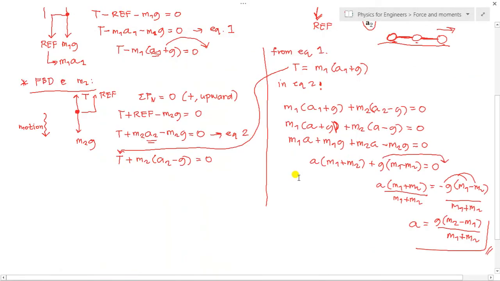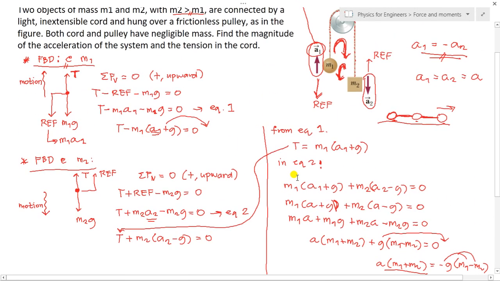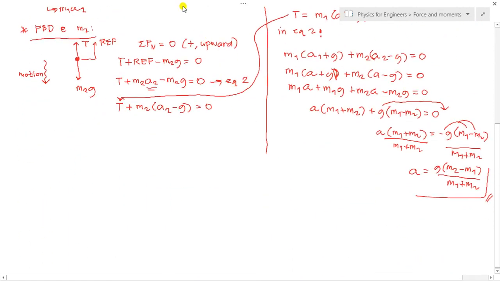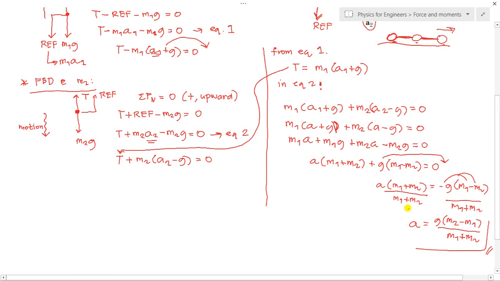Okay, none. So again, another requirement is the tension in the cord. You can solve this on your own since we already have a value for our acceleration. We have equations for tension, so you can use equation 1 or equation 2.